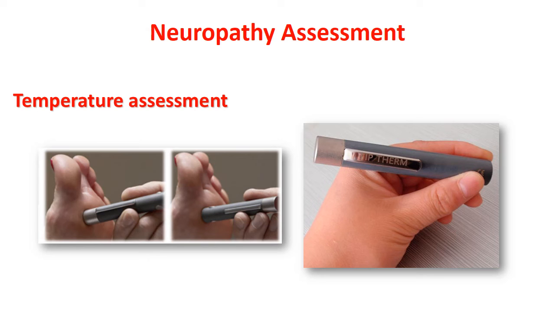The Tip Therm is just a rod like this, with one side made of plastic that is warm all the time, and the other side made of a substance that is mostly cold all the time. So we ask the patient, do you feel this is cold or warm? And if the patient cannot distinguish between them, we should educate him more about how to take care of his feet.